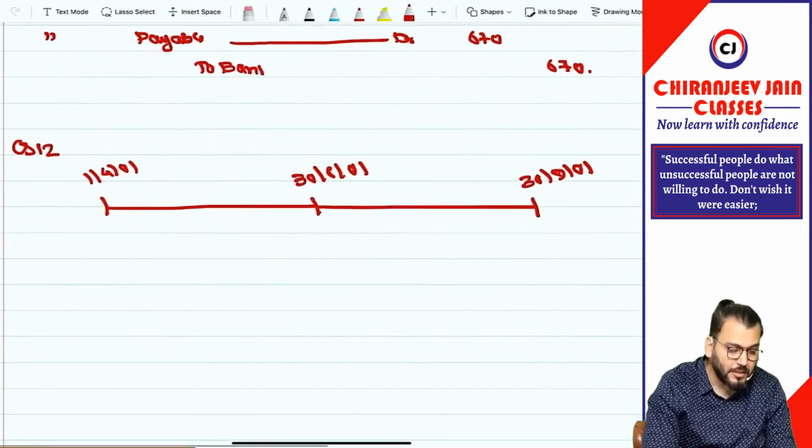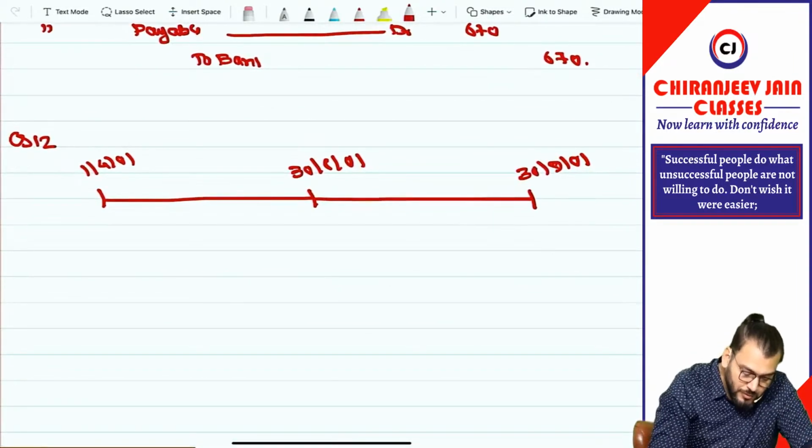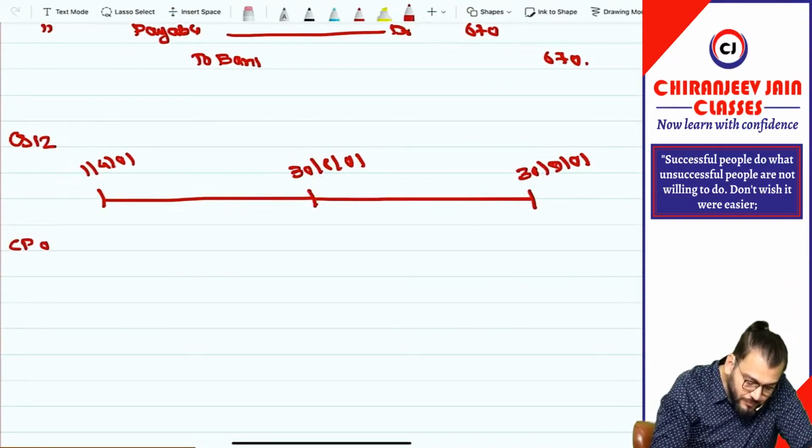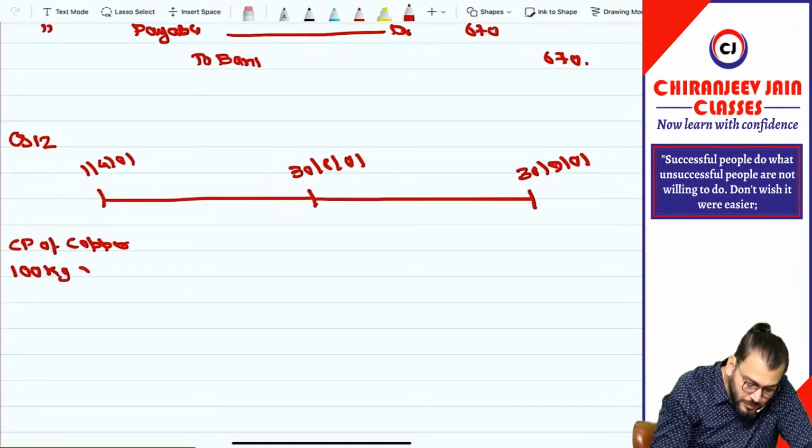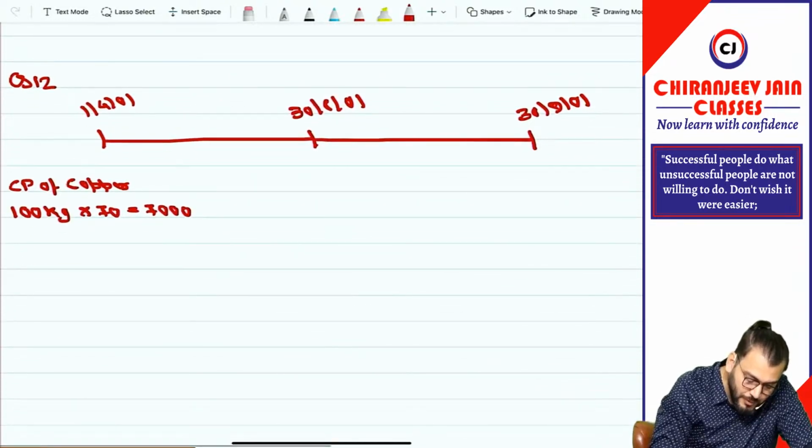Correct? Understood? Now the cost price of copper was how much? It was 100 kg into 70, that was 7,000. Understood?